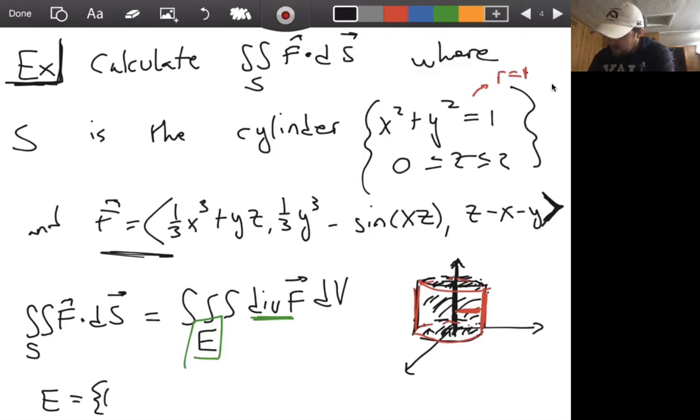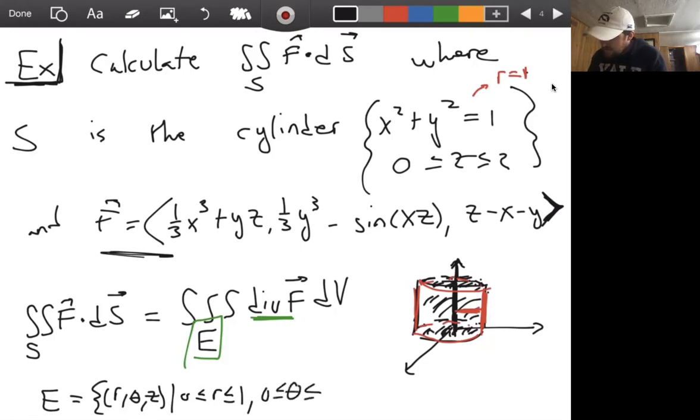And so we want points r, theta, and z such that r is between 0 and 1, because this is the bounds of the radius for a solid cylinder, where the shell of this cylinder is radius 1. We're sweeping around the entire cylinder, so theta is unrestricted.